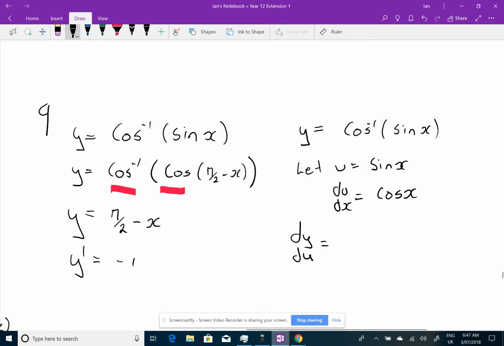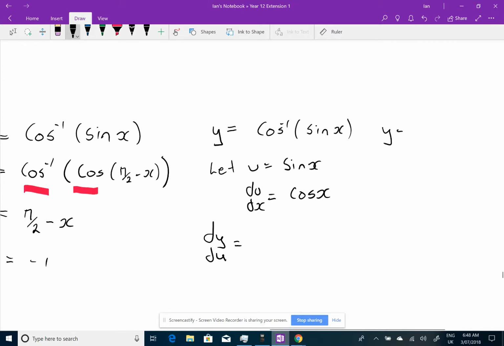because this is now y equals cos to the minus 1 of u, dy/du is minus 1 over the square root of 1 minus u squared. Yeah, 1 minus u squared.